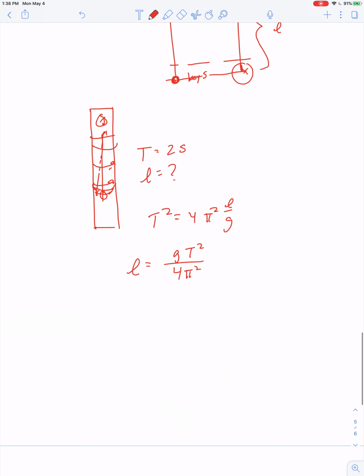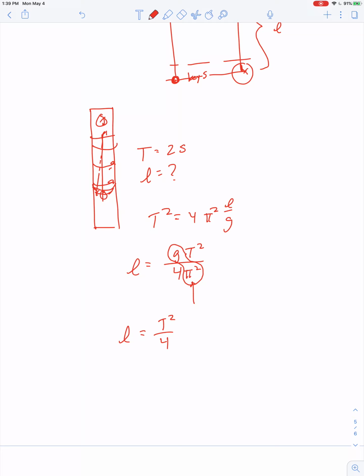Something really interesting here. This is just a coincidence about our Earth at sea level. I don't know if you ever tried this before, but try it right now on your calculator. What's pi squared? Isn't that interesting? Pi squared isn't that far off from 9.8. So we could just say that L is equal to T squared over 4, as long as we're willing to accept that the units cancel.